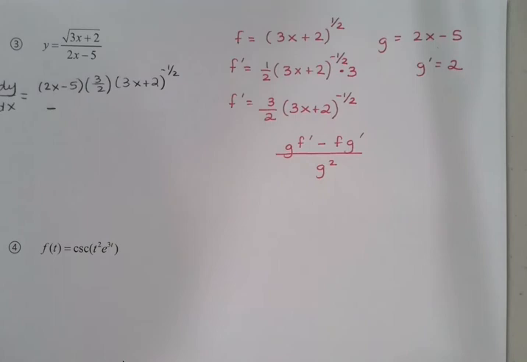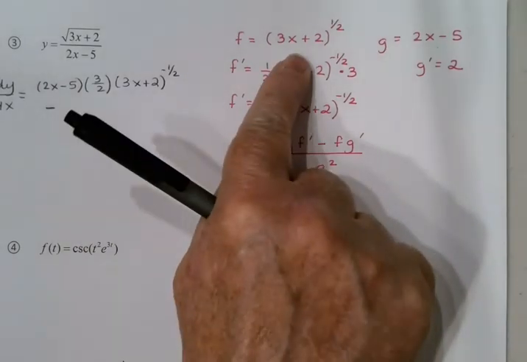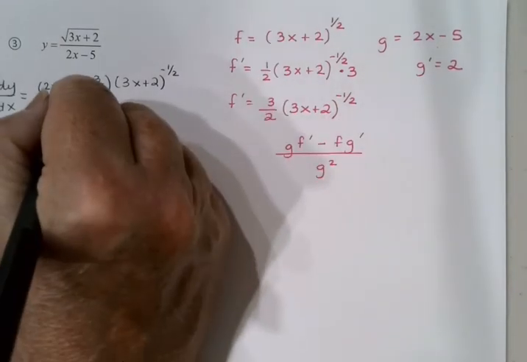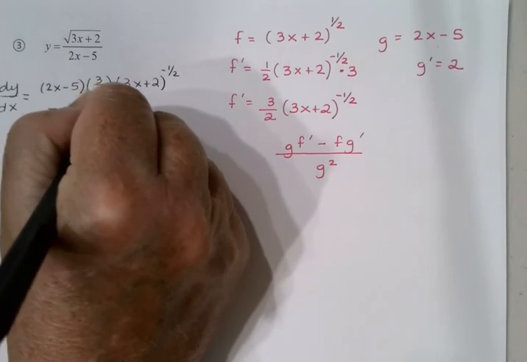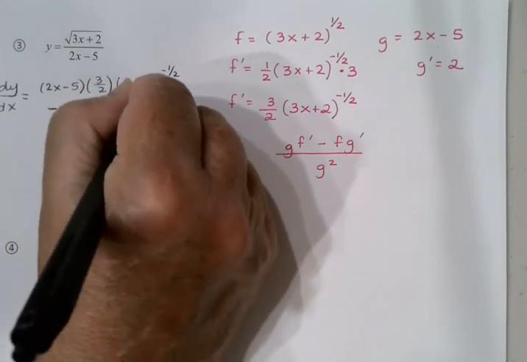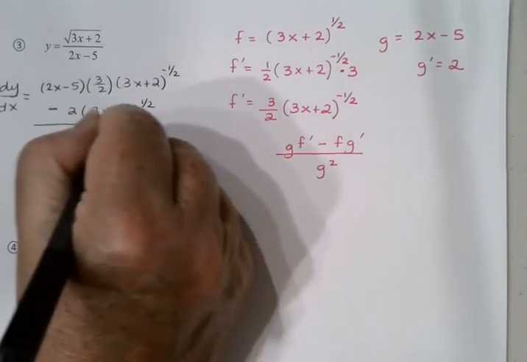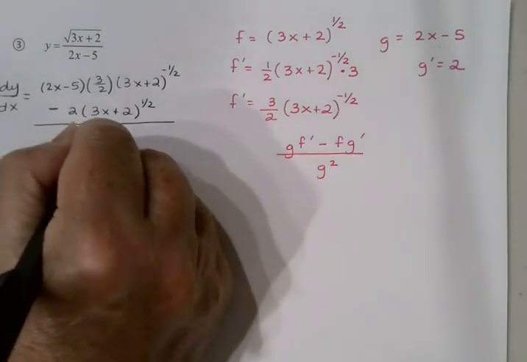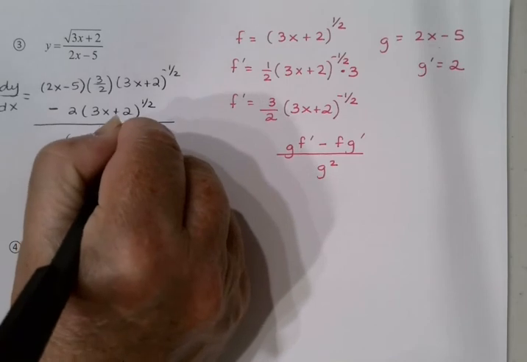Minus, I should have given myself more space here, FG prime. FG prime is just going to be 2 times 3x plus 2 to the 1/2. Over G squared, 2x minus 5 squared.